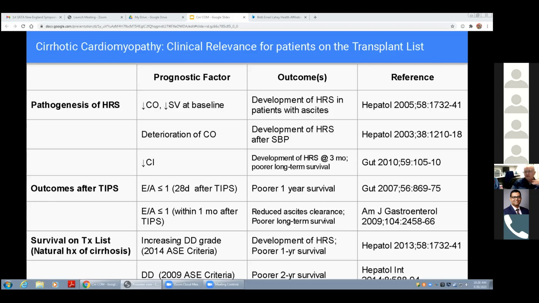So given all of this information, it's very, very tempting to implicate cirrhotic cardiomyopathy in the development of acute-on-chronic liver failure. It is definitely a player in the pathogenesis of hepatorenal syndrome. It may be a player in the pathogenesis of congestive heart failure. In fact, this relationship has been suggested in several studies.